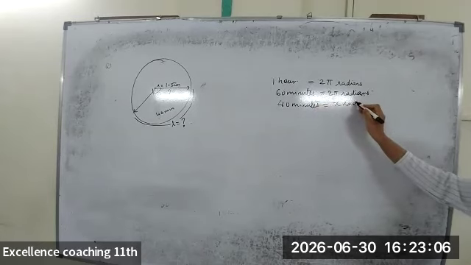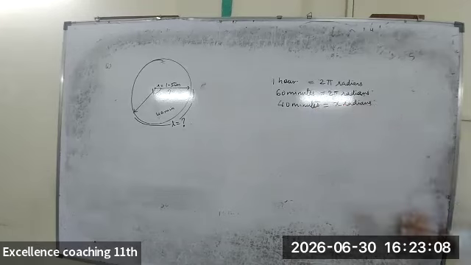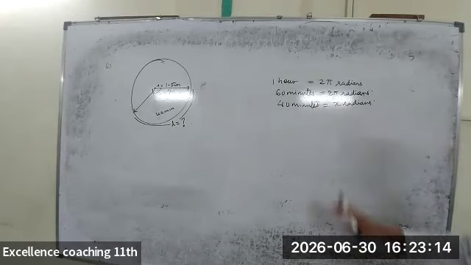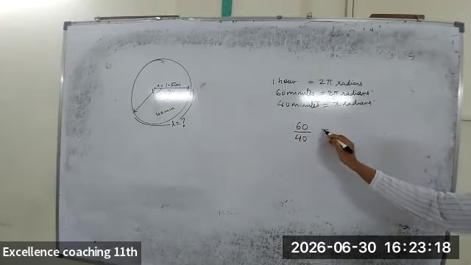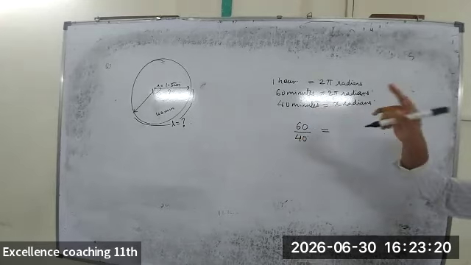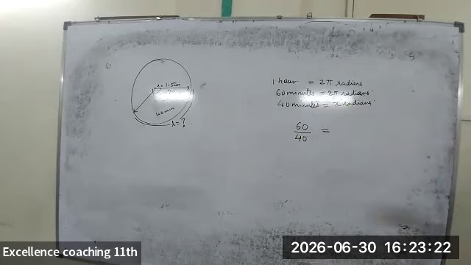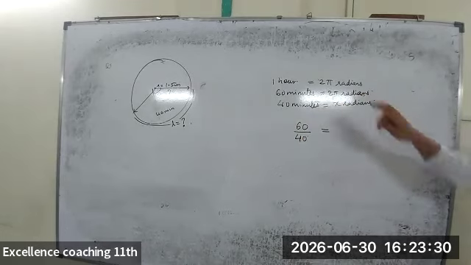According to me it should be this: 60 minutes should be 2 pi radians. 40 minutes should be how many? So 60 upon 40. Because at least for the clock we've considered it that way. One whole hour will be 2 pi radians, because 60 minutes will be equal to 2 pi radian.